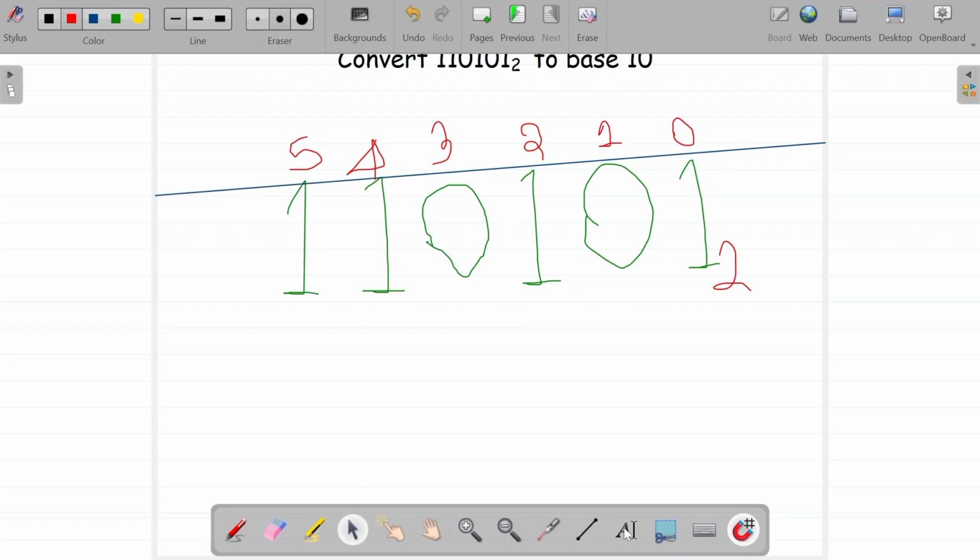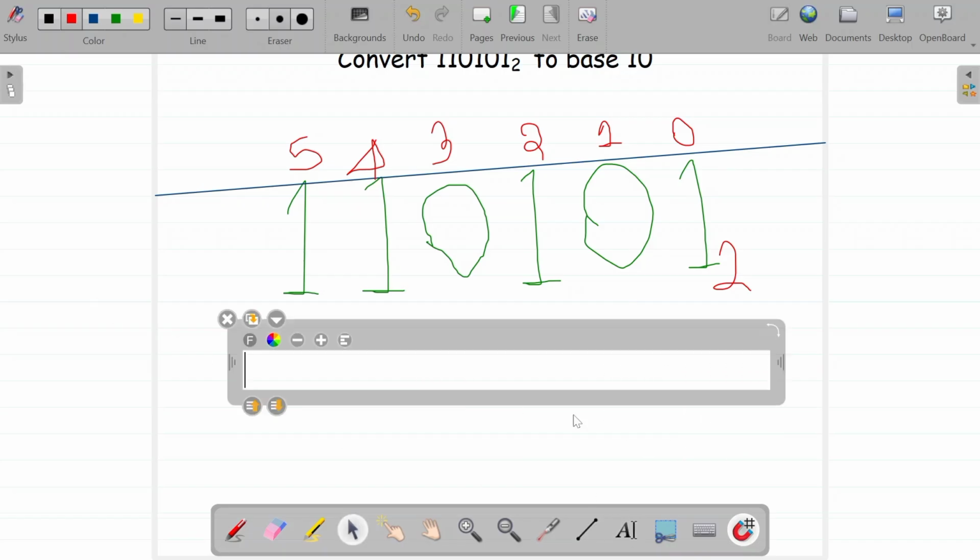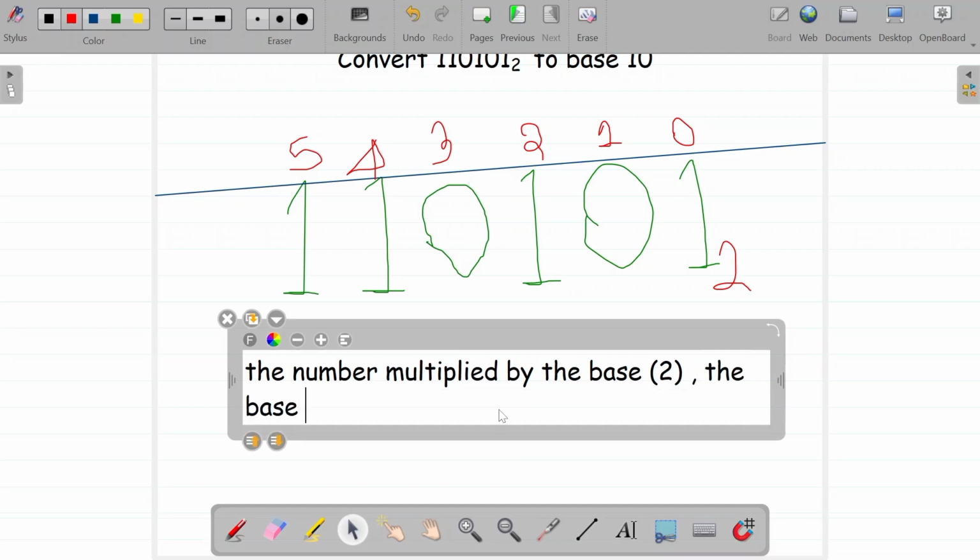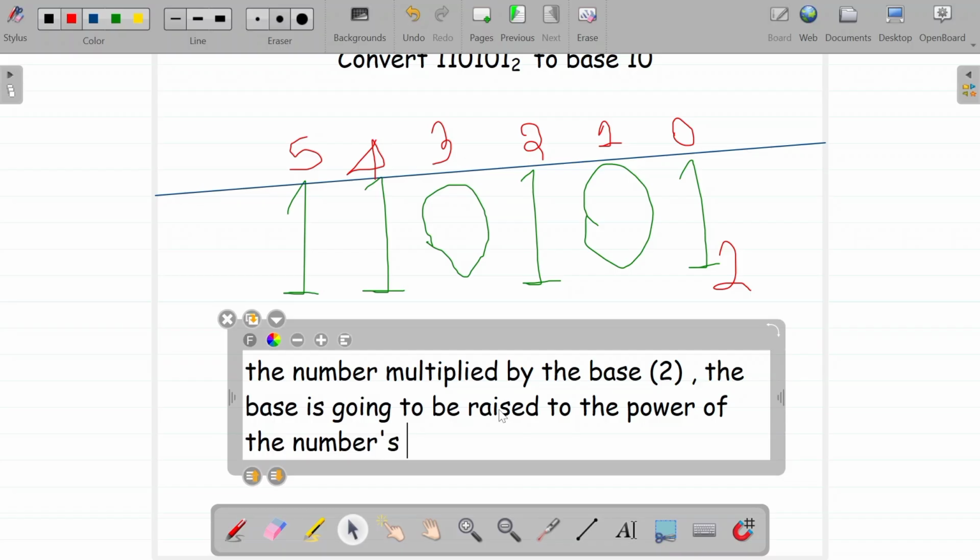So basically, the format is the number multiplied by the base, which in this case is 2. Then the base is going to be raised to the power of the number's index.